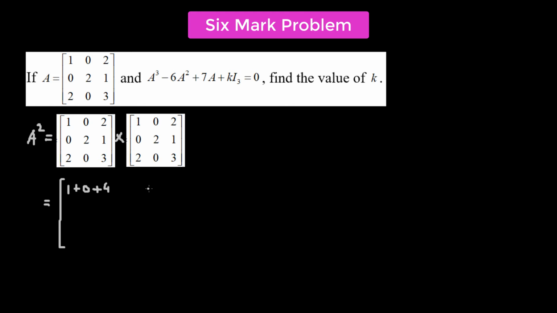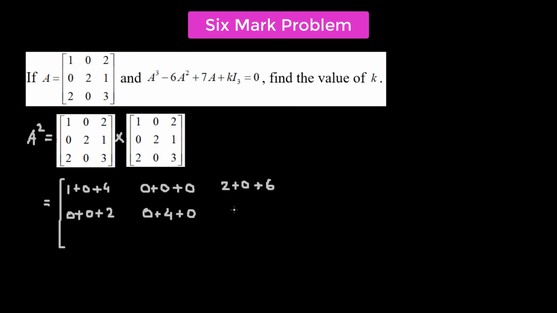So this next entry will be 1 times 0 is 0 plus 0 plus 0. And we have 1 times 2, 2 plus 0 plus 6. And we have 0 plus 0 plus 2. And we have 0 plus 4 plus 0.